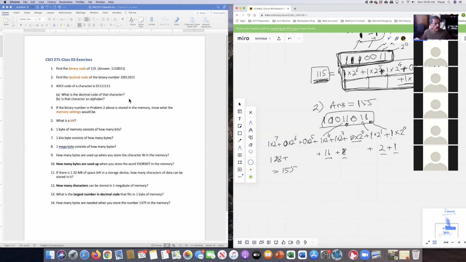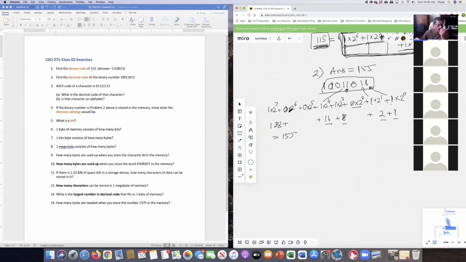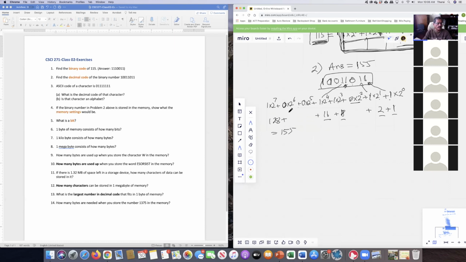All right, going over to number 3. It says ASCII code of a character is, so the ASCII codes of the character, every character in the English language has an ASCII code, which consists of zeros and ones. Exactly 8 zeros and ones are put together for each character. Character means not just alphabets, other things too, even a question mark or exclamation point, period.